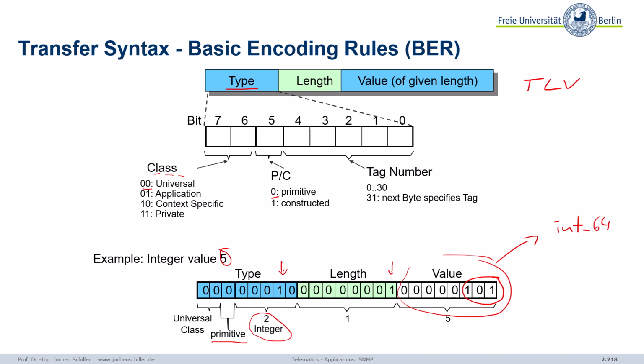Then you have to take care that this really is a 5 on your local machine. Maybe you only have an 8-bit controller, then you cannot have 64-bit integers, then you have to store it locally with whatever programming language you use, 8-bit, whatever. So that is the idea, and that's the way how you can exchange arbitrary data while keeping the semantics.